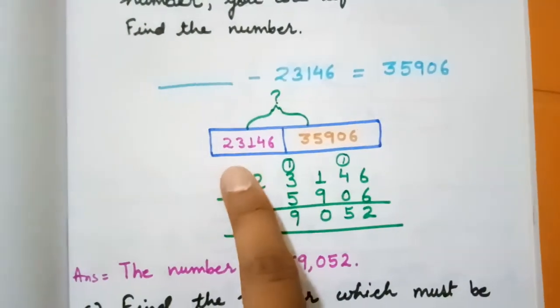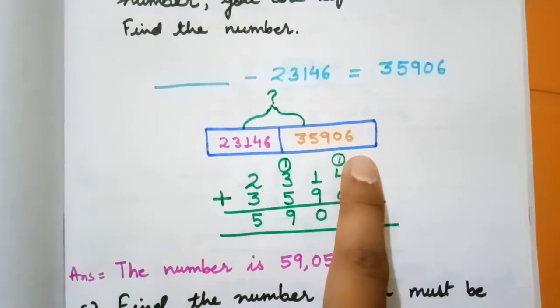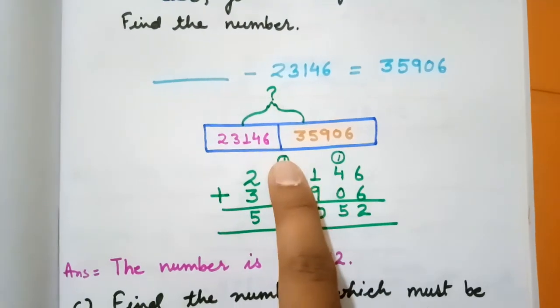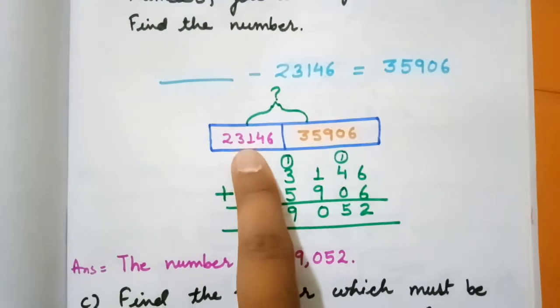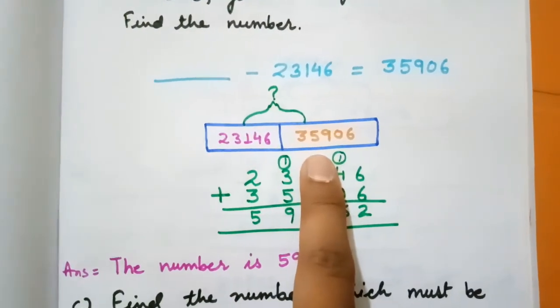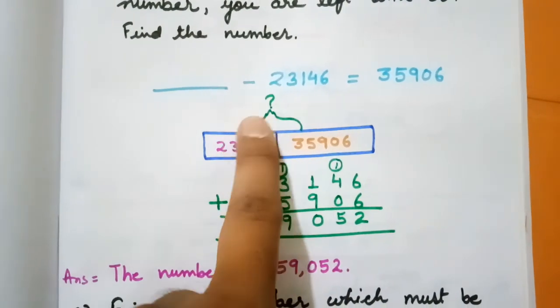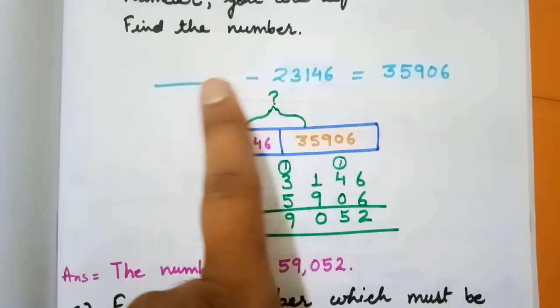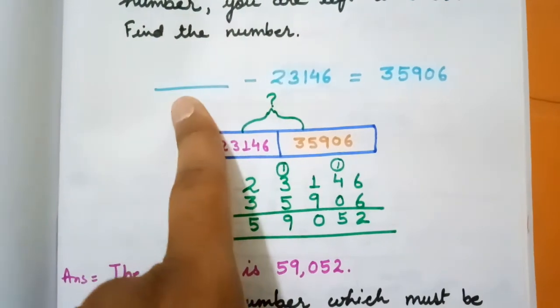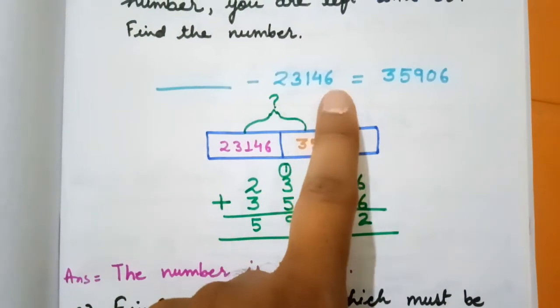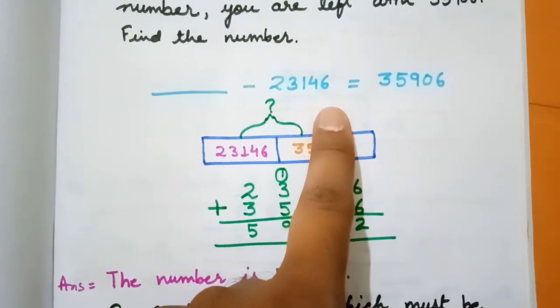So we'll make one rectangular box and it will be divided into 2. One is smaller and the other is bigger. And these two numbers will together form the number from which 23,146 should be subtracted.